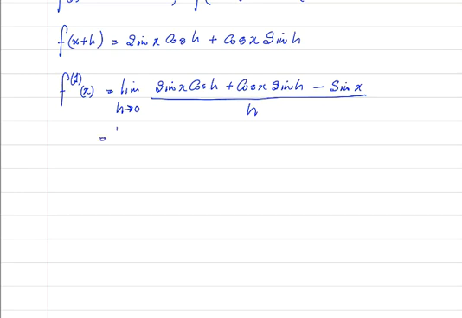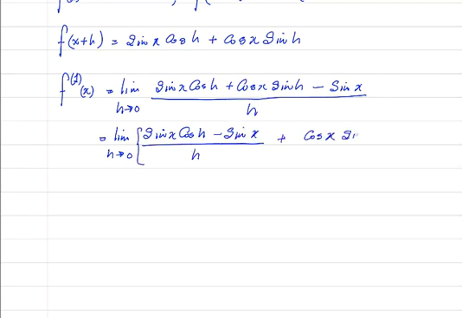So this would be equal to the limit as h approaches 0, and I'm going to have sine x cosine h minus sine x over h, plus we have what, cosine x sine h over h.